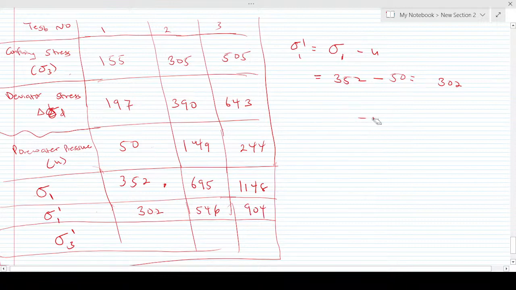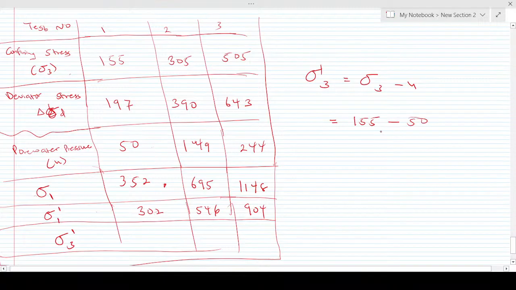Then you need to find the last one, which is the effective stress for the confining pressure. So again, sigma prime 3 is simply sigma 3 minus pore water pressure. So sigma 3 for the first trial, which is 155, minus pore water pressure 50.